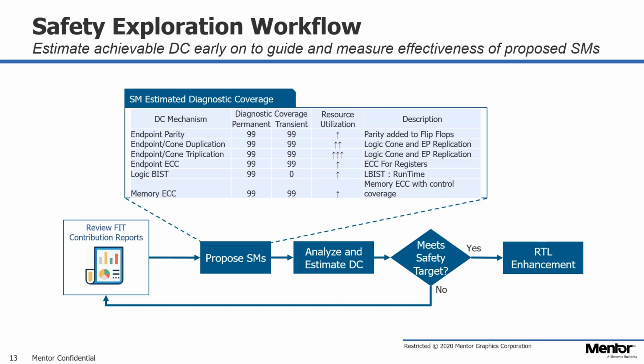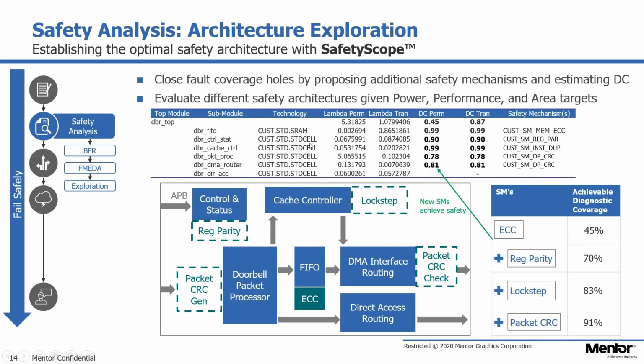And so this is for a very basic example what would happen. So if you run the analysis, and by the way, I did not mention it, but of course this is information of importance, this analysis is done on the gate level netlist within SafetyScope.